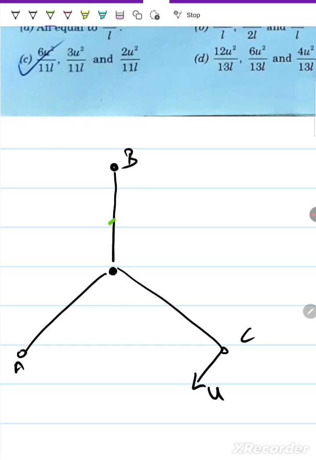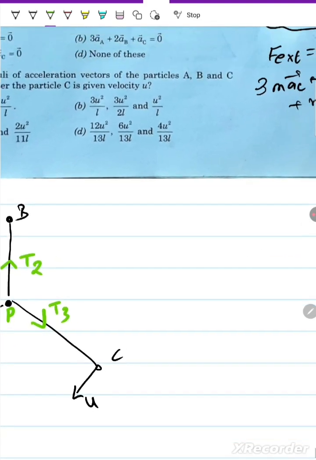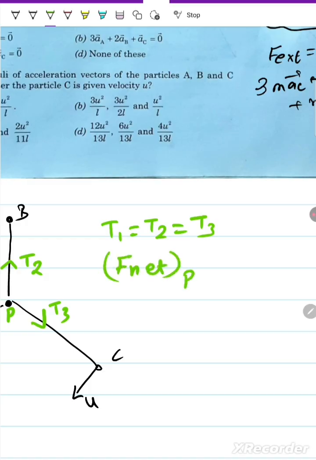Suppose this is P, the tension in rod PB is T2, in PA is T1 and in PC is T3. One must clarify and conclude that T1 is equal to T2 is equal to T3. Why? Since the net force on P is equal to 0 because it's massless. So T1, T2, T3 will respectively make vectors like this.